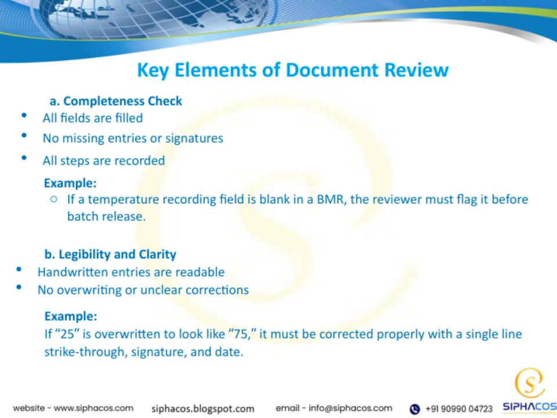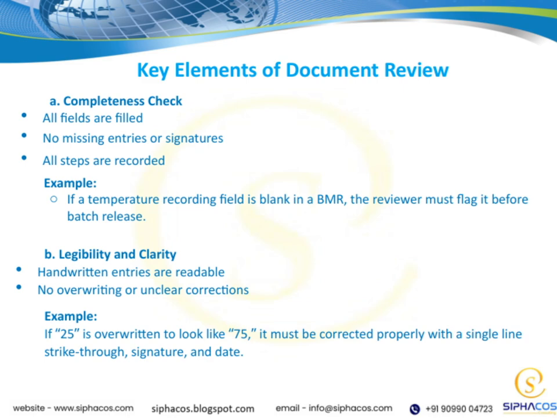Now, moving on to the key elements of document review, the first is the completeness check. Every field in the document should be filled out completely. No entries or signatures should be missing, and all steps in the process need to be recorded properly. For instance, if a temperature reading in a BMR form is blank, the reviewer must flag that issue before the batch is released.